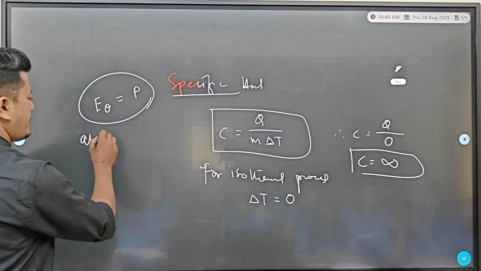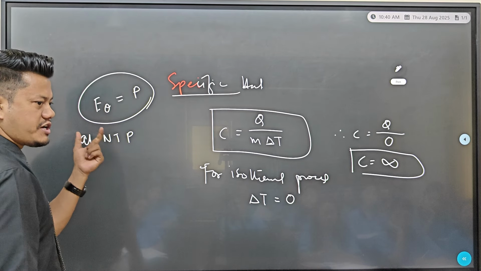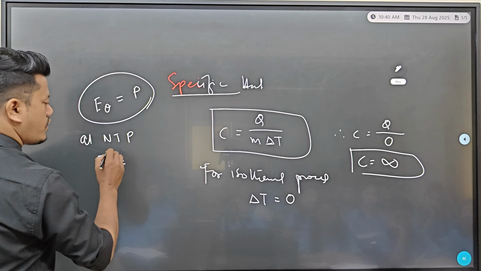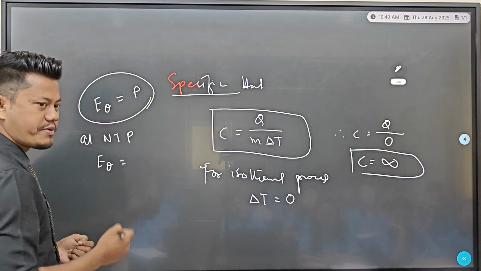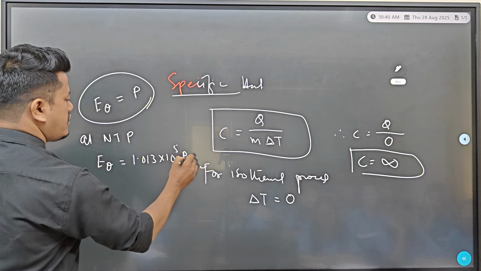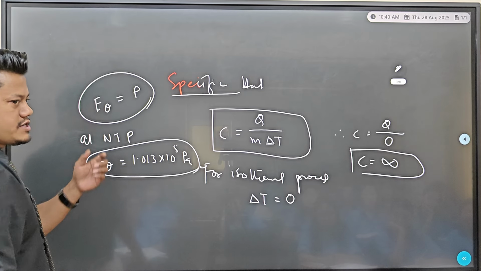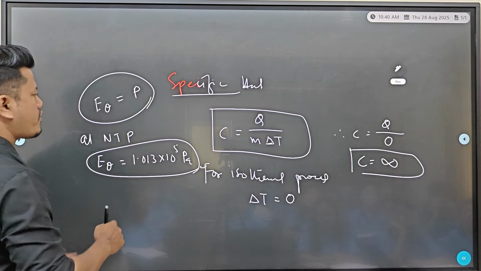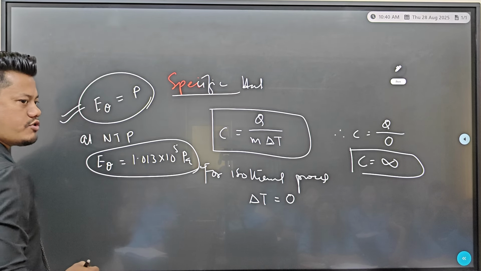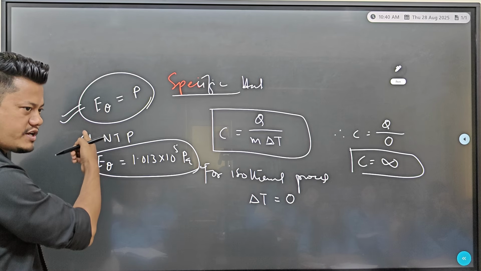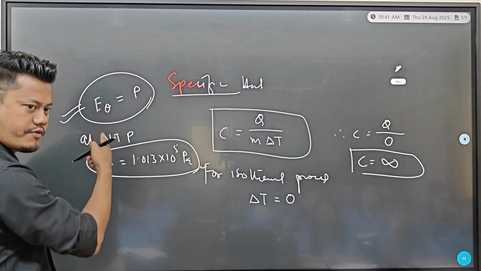At NTP, NTP means normal temperature and pressure. At NTP, isothermal elasticity will always take the value of atmospheric pressure, which is 1.013 into 10 to the power 5 Pascal. So please keep in your mind, since we are discussing about isothermal process, under isothermal process we will be getting an elasticity value which is known as the isothermal elasticity given by E theta. We have already done this topic before also.